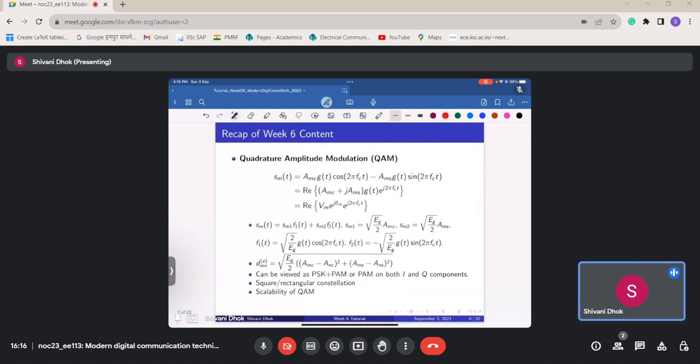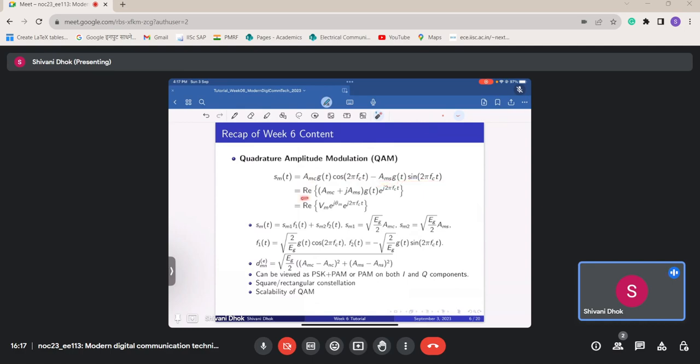After that, the third modulation technique was discussed, which is known as quadrature amplitude modulation, and that is represented by this signal. A_mc is the amplitude associated with the cos: A_mc g(t) cos 2 pi fc t minus A_ms g(t) sin 2 pi fc t.